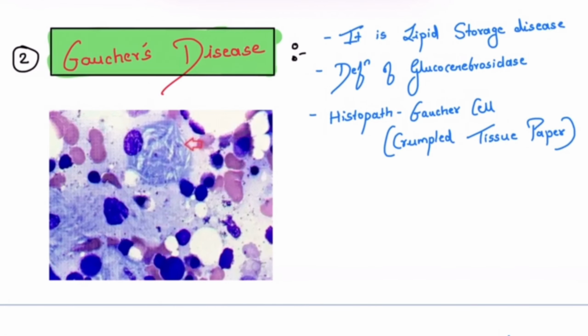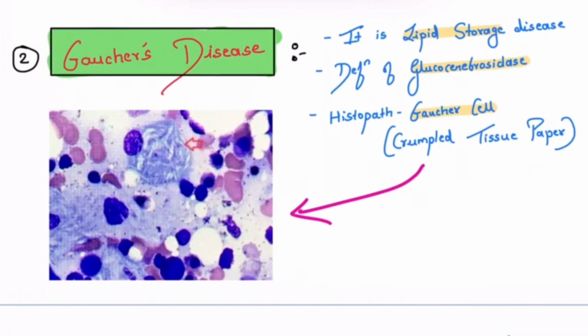Another disease is Gaucher's disease. It is a lipid storage disease. There is deficiency of glucocerebrosidase enzyme, and also in the histopathological slide we see the Gaucher cells, which are also known as crumpled tissue paper.